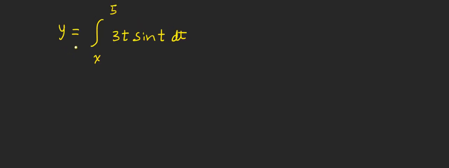Now y is equal to the integral of 3t sine t from x to 5. Notice we want the lower limit to be a constant and the upper limit to be x. So we could rewrite this as negative the integral from 5 to x of 3t sine t dt.